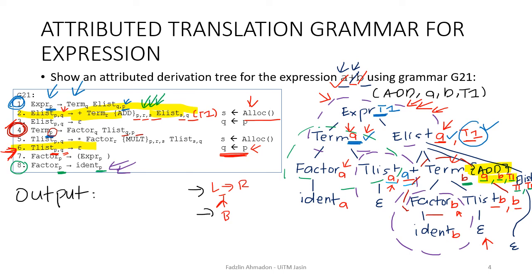So our output is add and the attributes are A, B, T1, and this is exactly the output that we have stated at the beginning of this slide. So this is how you get the output from an attributed translation grammar.